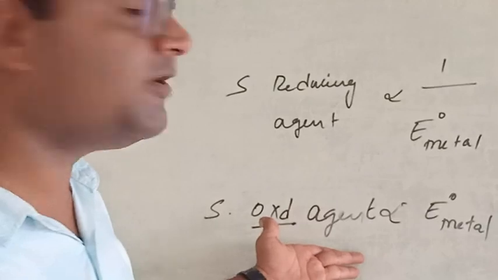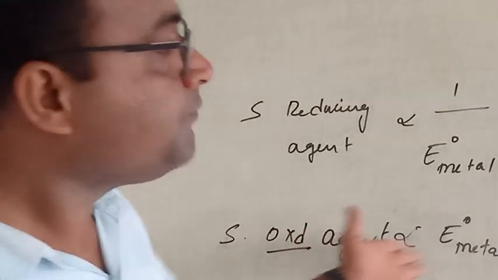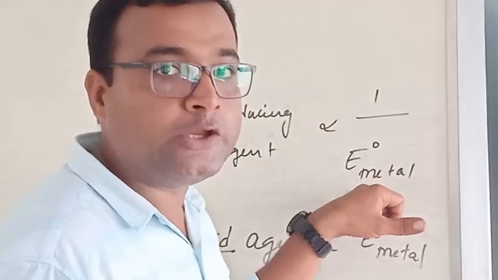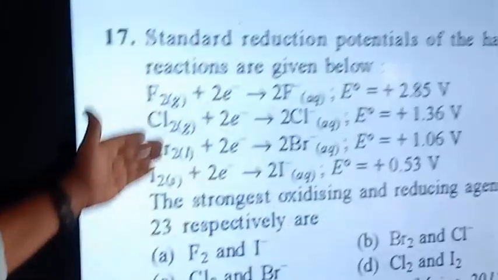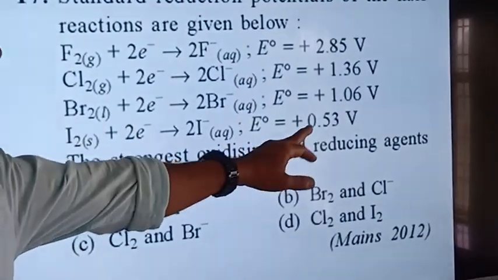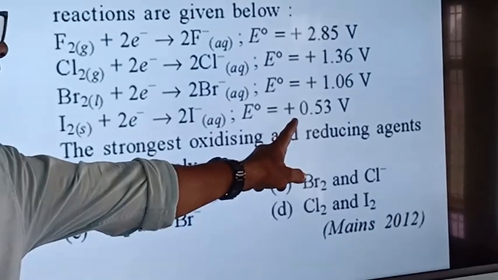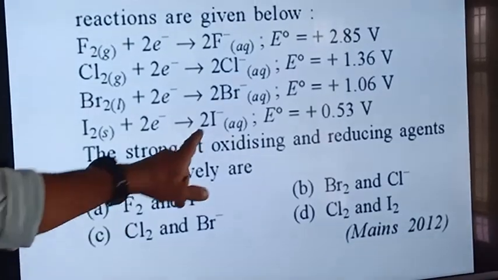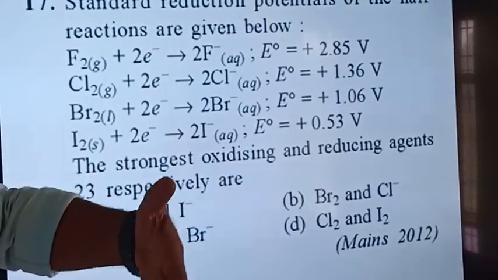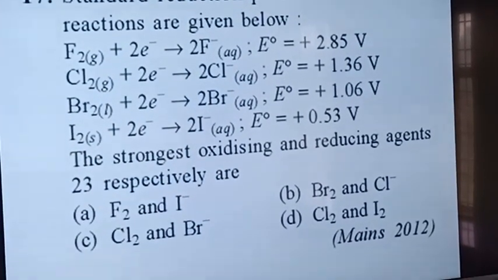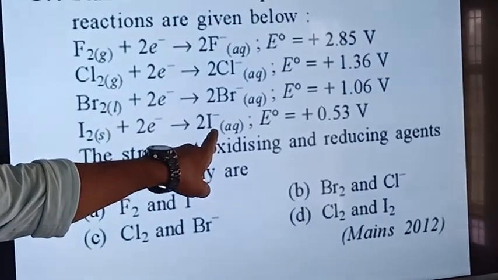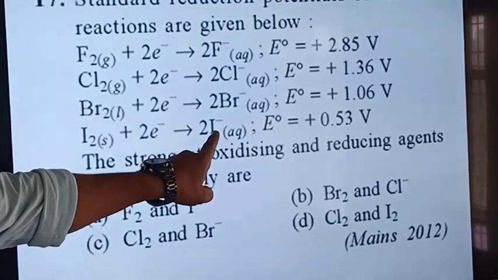Out of all the 4 equations, the one which has the least value is 0.53. You may get confused whether it is iodine or iodide ion, and here the reducing agent is iodide ion. Iodide ion is the best reducing agent.